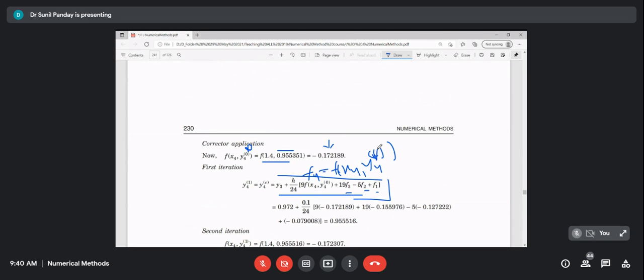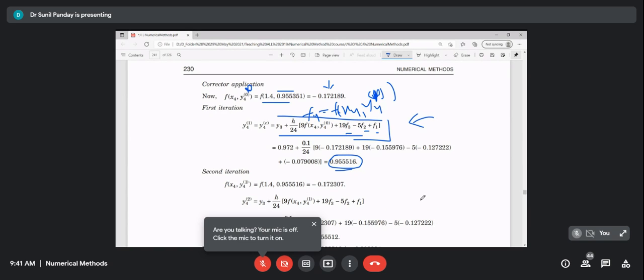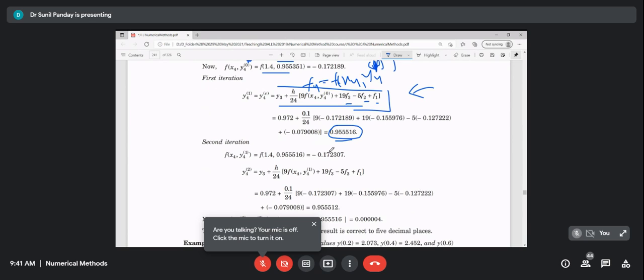So the y4 predictor value we have substituted here, and similarly in the formula of Adams-Moulton we have this. If we are using one iteration of the Adams-Bashforth-Moulton predictor-corrector method, this is the first value of y4. Then we again correct it using the corrector method. So this is y41.